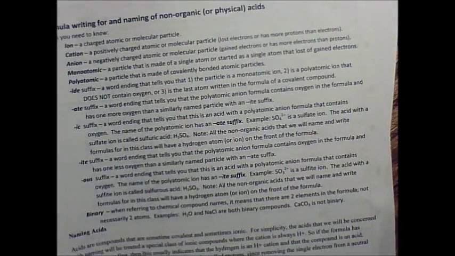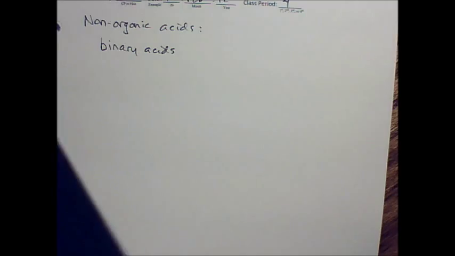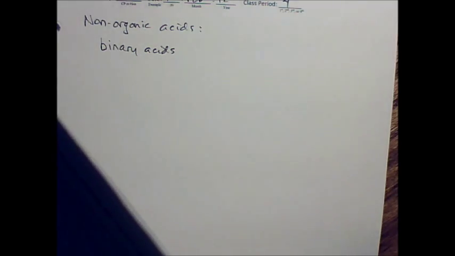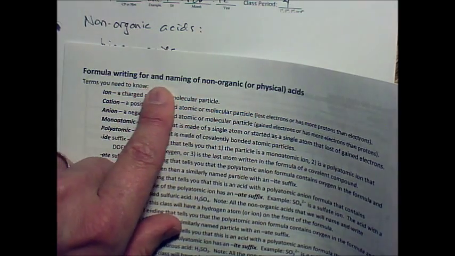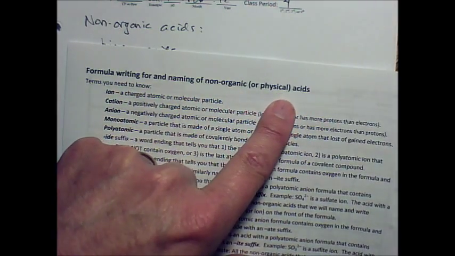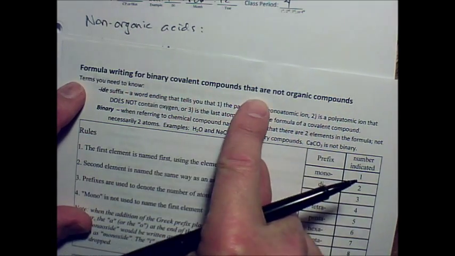Did I leave off a worksheet or we covered them all? That's 3 worksheets, right? We've got 3 worksheets. One is formula writing and naming non-organic acids. Formula writing for binary covalent compounds that are not organic.